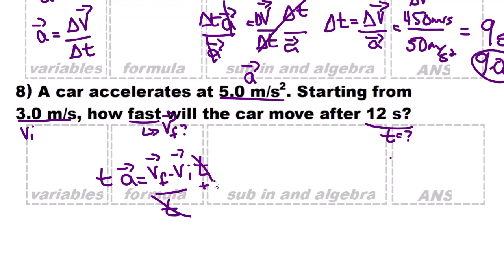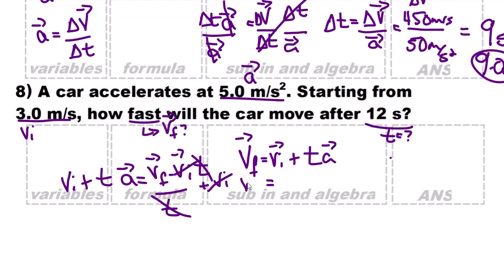So I'd go plus VI to this side, plus VI to this side. And then those guys cancel. So here's my formula. VF is equal to VI plus t times a.